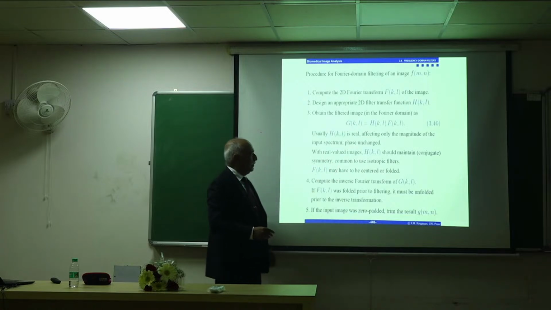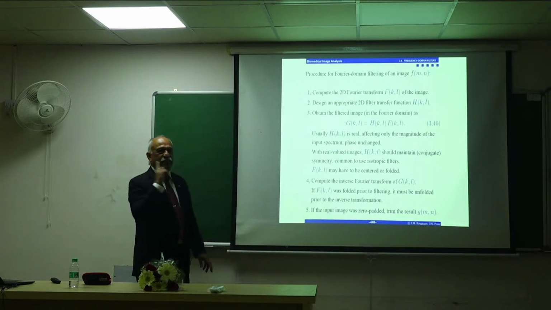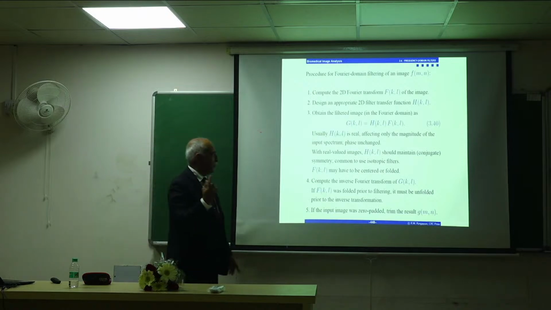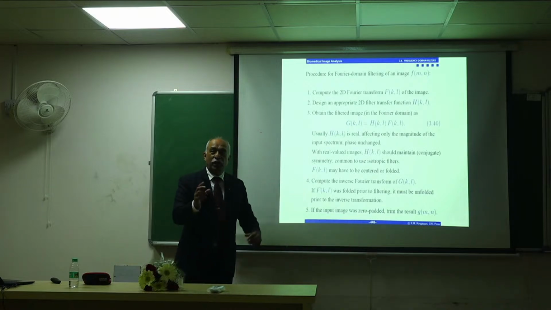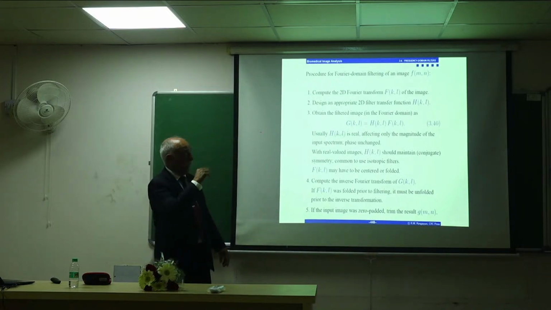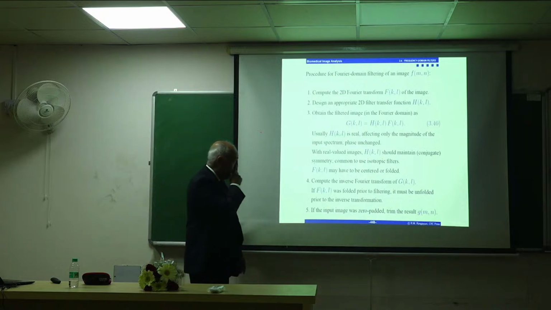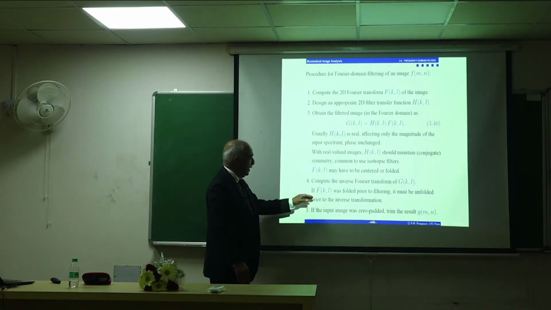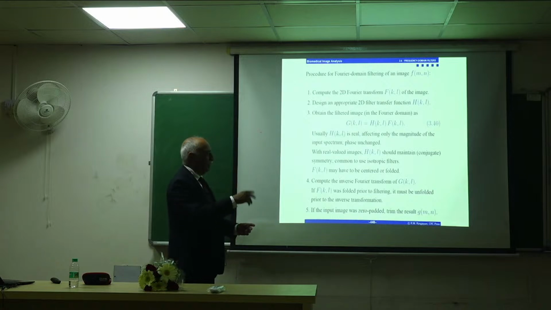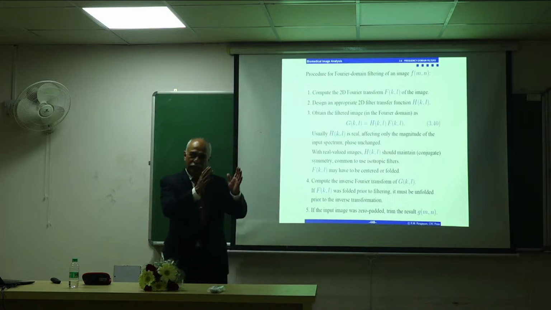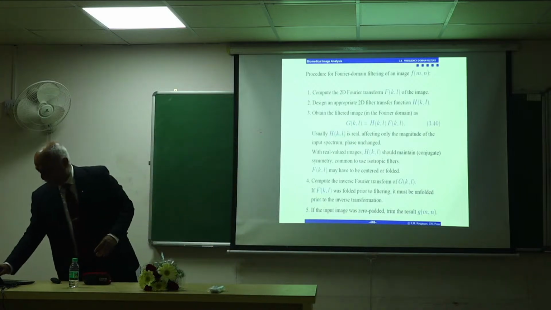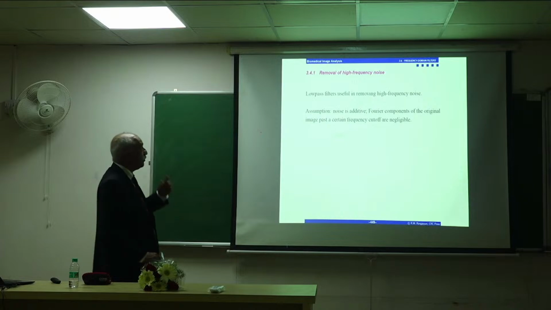But typically one uses isotropic filters, so radially it is the same. F(k,l) may have to be centered or folded depending upon how you have created H(k,l) in your software. Compute the inverse Fourier transform. If it was folded, then it must be unfolded and then do the inverse transformation. If it was zero padded, then trim the result and get only that portion that has the image. So that's the FFT-based, or DFT-based, processing.